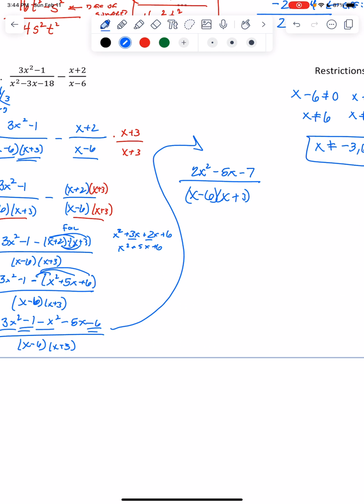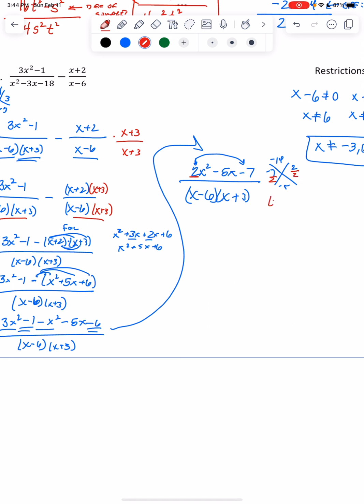And then, before we call it quits, we got to see if we can factor that numerator at all. Okay, so big X, but we got to use the swing method because this number right here is not a 1. So we got to multiply these. So that'd give us negative 14. Adds to negative 5 would be a negative 7 and a positive 2. So we can factor this. But again, since this is not a 1, we got to divide that out.